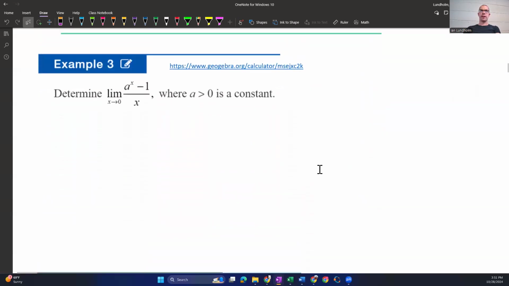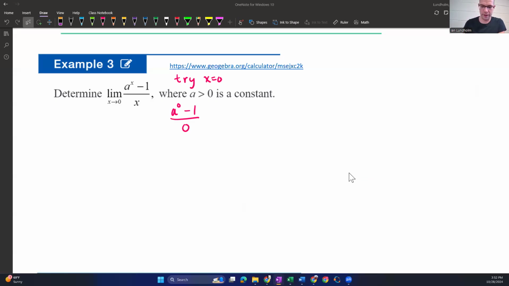Example number 3. Here we've got this limit as x approaches 0. Let's make sure that we try stuff out. So if we try that point, x equals 0, we would get a to the 0 power minus 1 over 0.